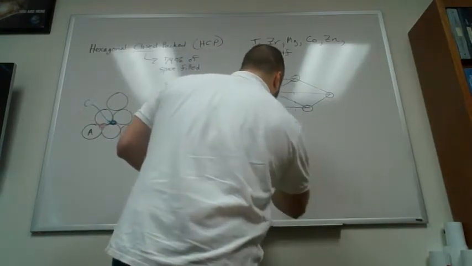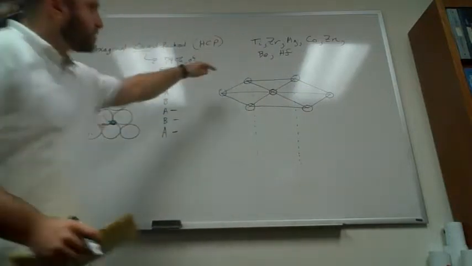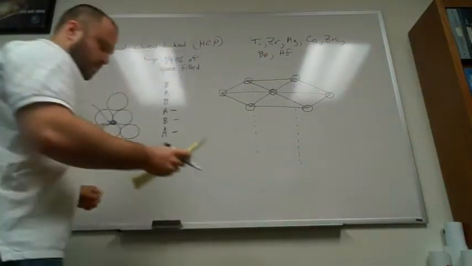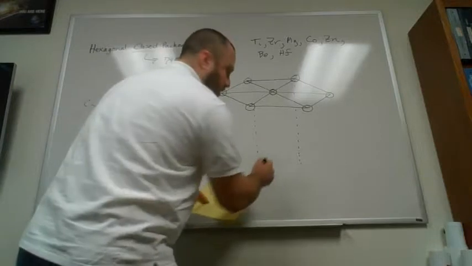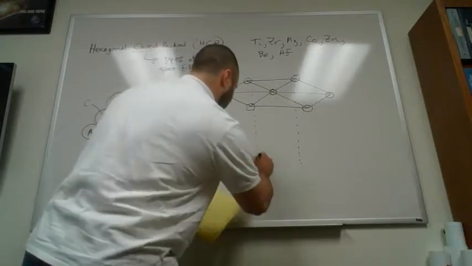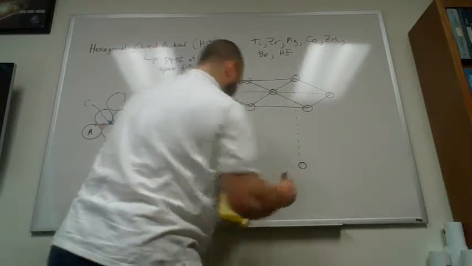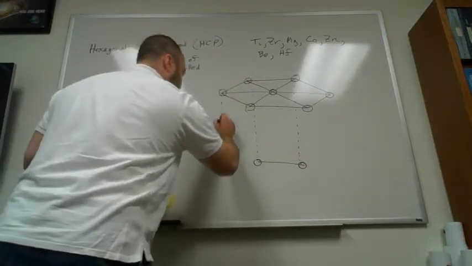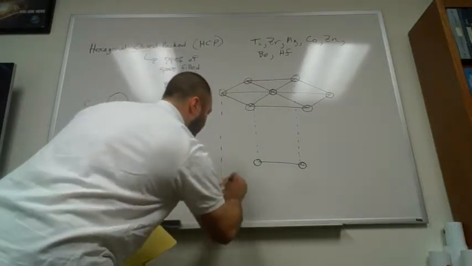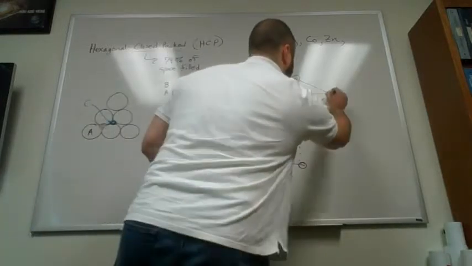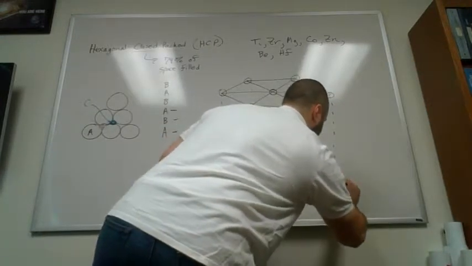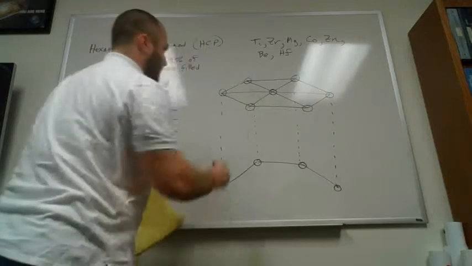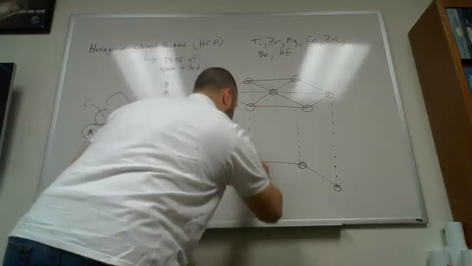So I'm going to sort of trace down those 2 atoms in that back row, and I'm going to draw where the atoms are that are going to be underneath it. Connect them. And then I can do the same thing for the atoms on the side, and then the same thing for the atoms on the front.